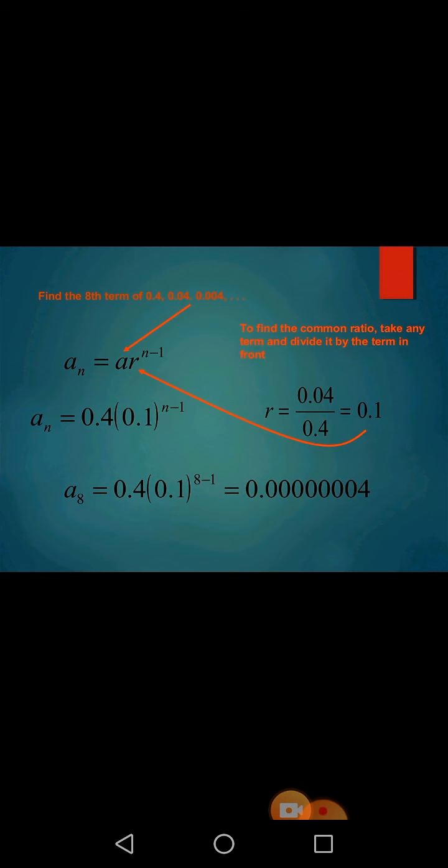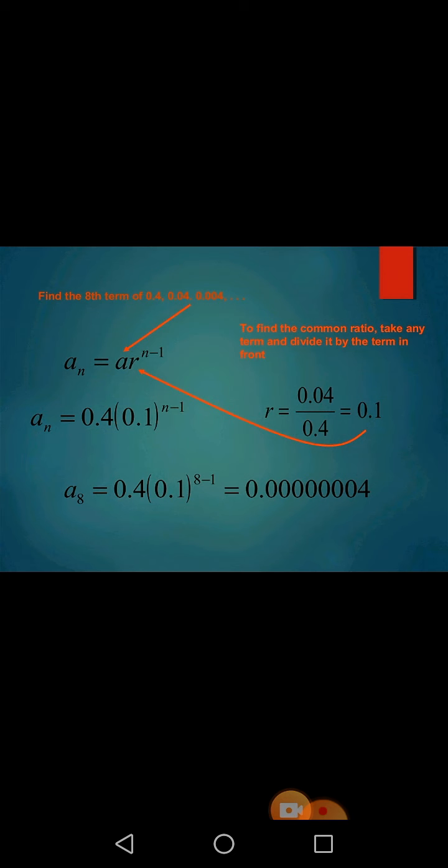Look over here: find the eighth term of 0.4, 0.04, 0.004. I want to get the ratio first. Yes, it will be 0.1. The ratio here is 0.04 over 0.4 equals 0.1.